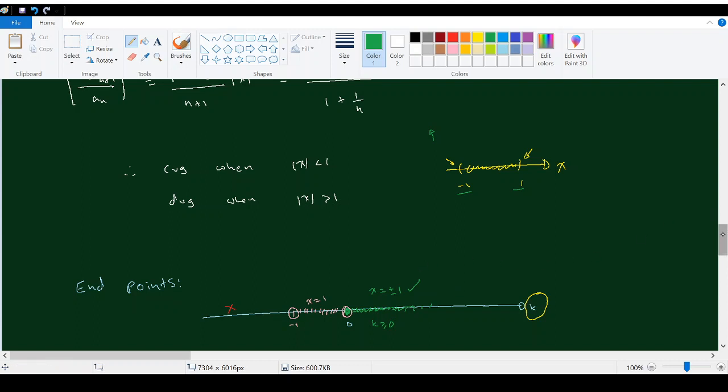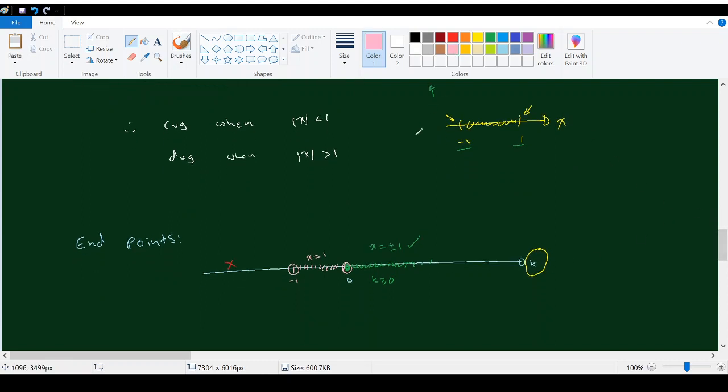We can prove that. And if the value of k is strictly greater than -1 and less than or equal to 0, then the series will only converge at the right hand endpoint, right? And it does not converge for x equals -1.